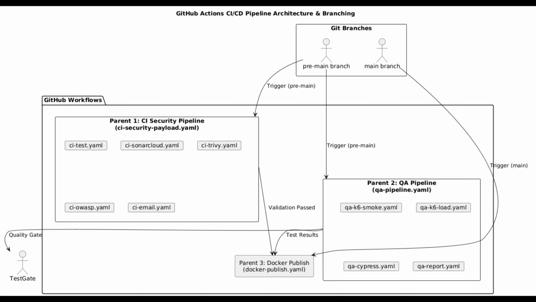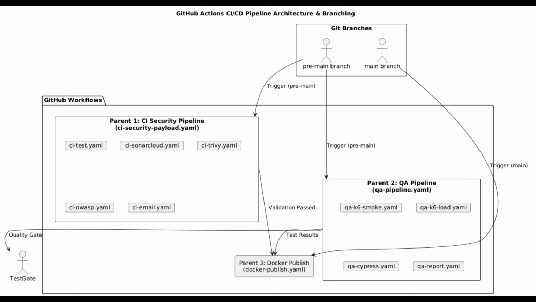It triggers the single dominoes: QA Cypress YAML, QA K6 smoke test, QA K6 load testing YAML file, and finally QA report, to send me the results in HTML to my email. After iterations, I get the information about the vulnerabilities, quality of the code, and whatever, and I fix whatever is required.